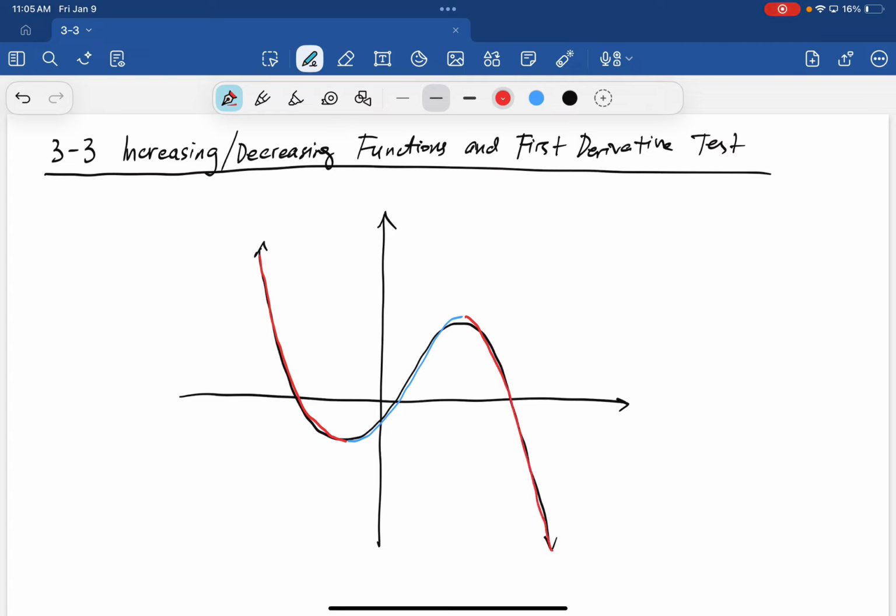Okay, very straightforward. And the way we determine whether it's increasing or decreasing is just by using the derivative, right? So when it's decreasing, that means that the derivative is negative. So we would have f prime of x less than 0. And then when it's increasing, the derivative is greater than 0. And then when it's decreasing, the derivative is once again less than 0.